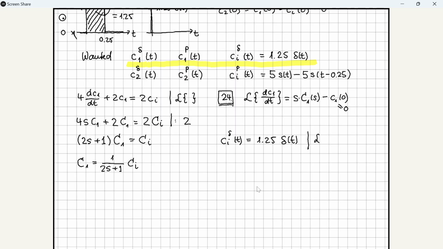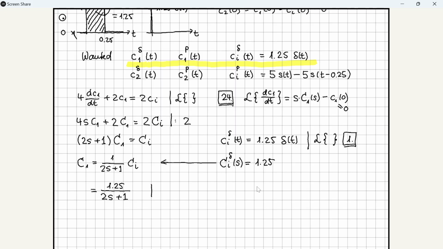And I do the Laplace transform using rule number 1, and that is that the Laplace transform of a pulse is simply 1. So I have capital Ci delta of s equals 1.25. And if I stick this in here, I can get an expression for C1 in the Laplace domain. So it's 1.25 divided by 2s plus 1.